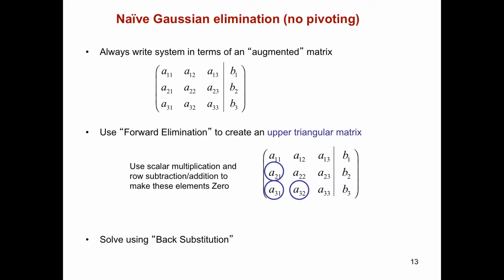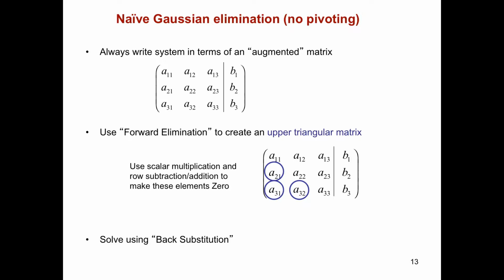Here is an example of a 3x3 system, like a general system. If I want to solve it, there's one most famous method called Gaussian elimination. Here I have these three coefficients on the lower triangular part of the matrix, and I'm trying to get rid of them.